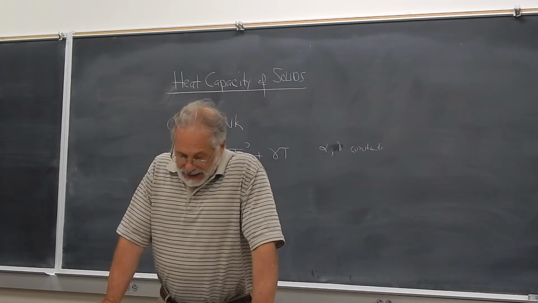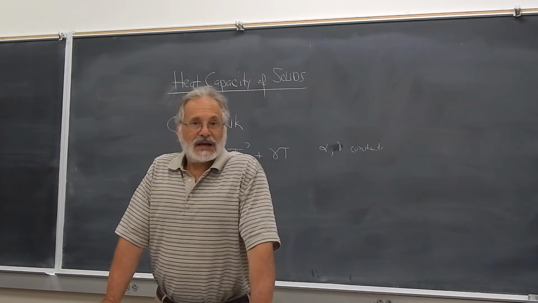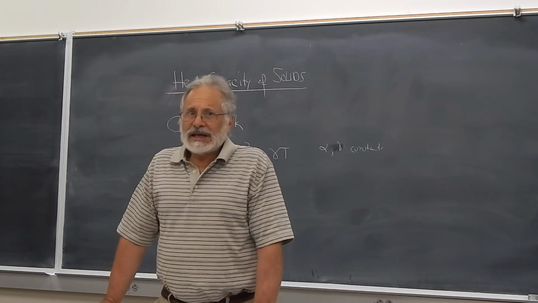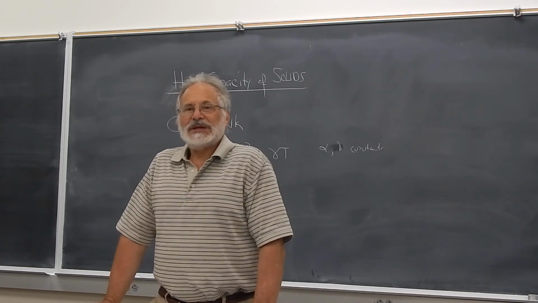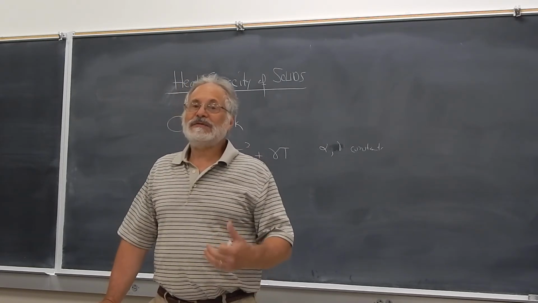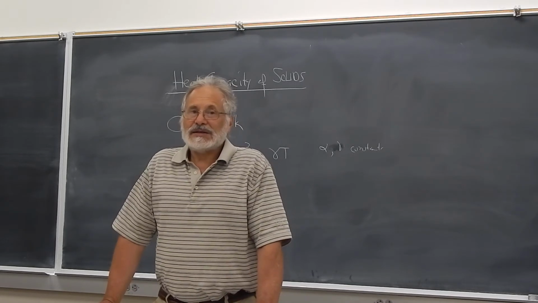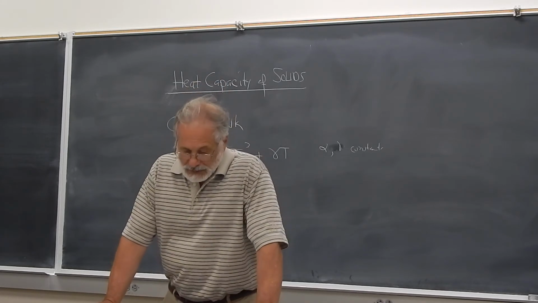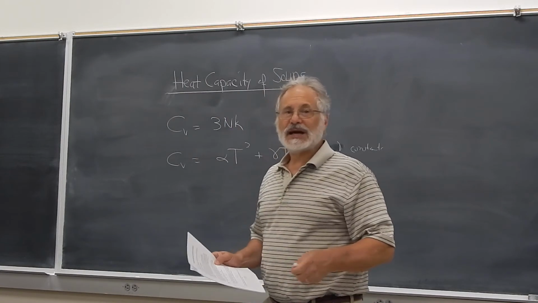As he did that, he made some assumptions and created a model that, as you'll see, will be qualitatively pretty good, but quantitatively will leave something to be desired, and we'll have to do a model that follows that, a model attributed to Debye that does a much better quantitative treatment.